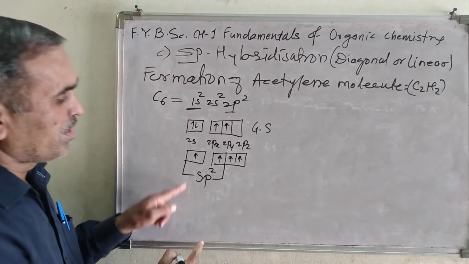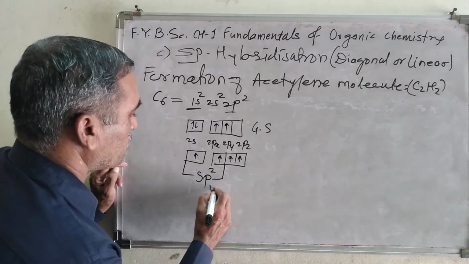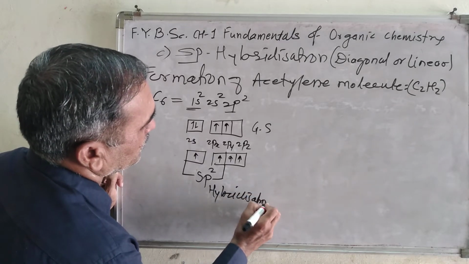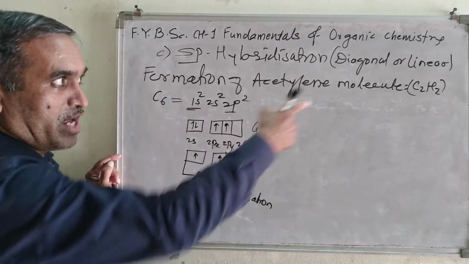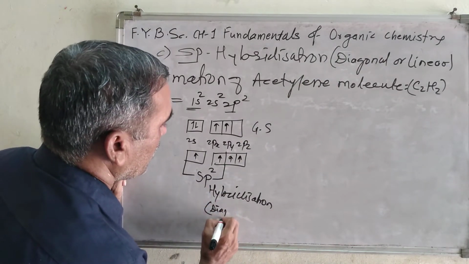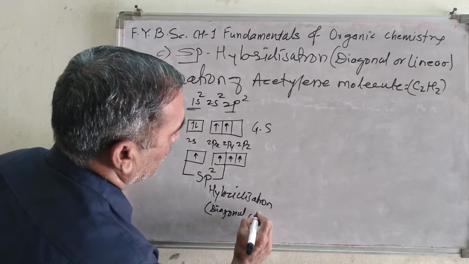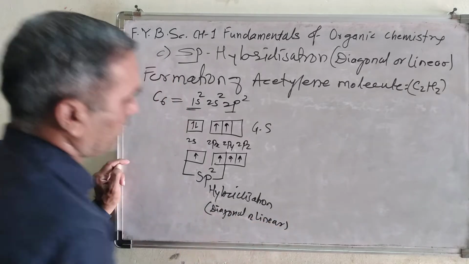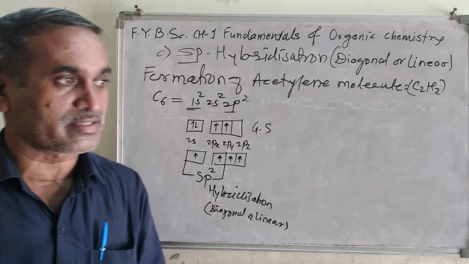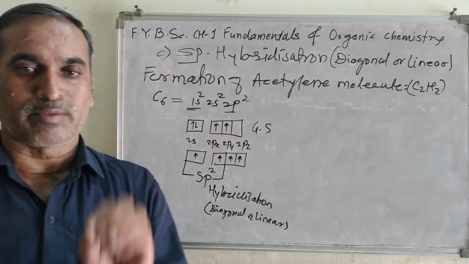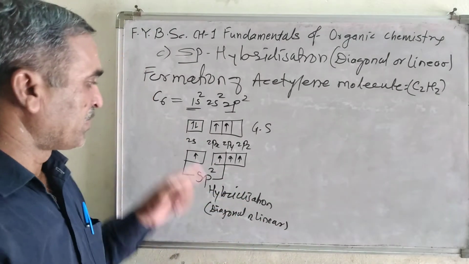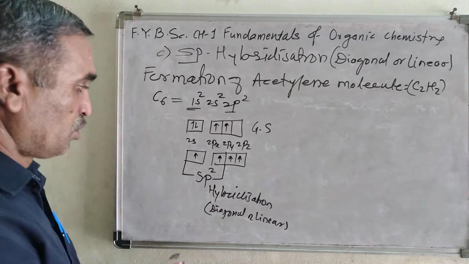This hybridization has a definite geometry, that is diagonal, or what we can call linear geometry. Linear geometry has a definite bond angle, and the bond angle is found to be 180 degrees, right?